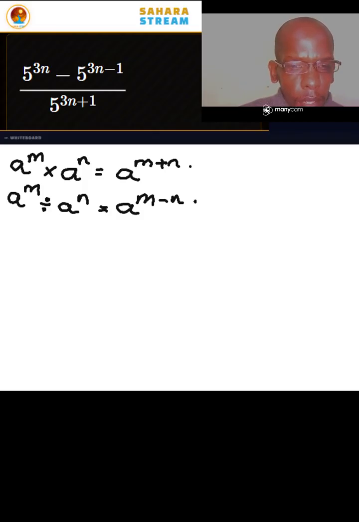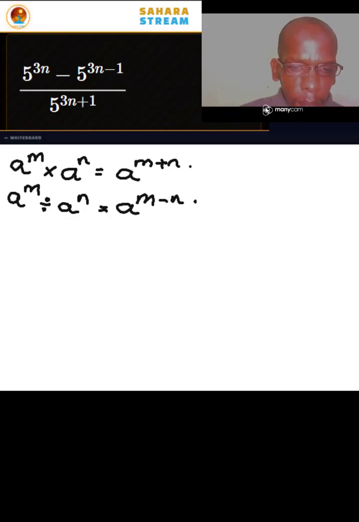But the second part here, which is 5 raised to power 3n minus 1, looks like it is applying the second law, which says a raised to power m divided by a raised to power n is the same as a raised to power m minus n. So you see, they gave us this side, so we need to work it backwards and get this side.